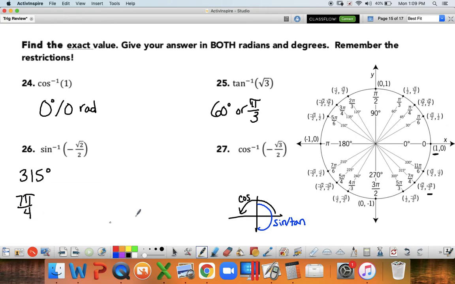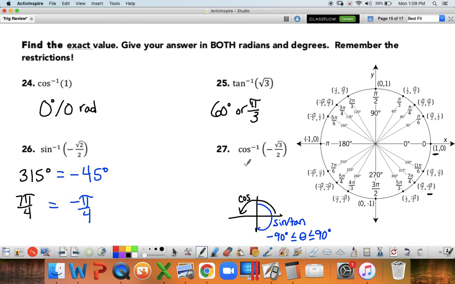Well, unfortunately, these restrictions that are in blue here say it has to be somewhere between negative 90 degrees and positive 90 degrees. So it's not 315, it's negative 45 degrees, and it's negative pi over 4 radians. And like I said, if you want to check on your calculator for these answers, just make sure you're in the right mode, and it's going to be second sine, second cosine.